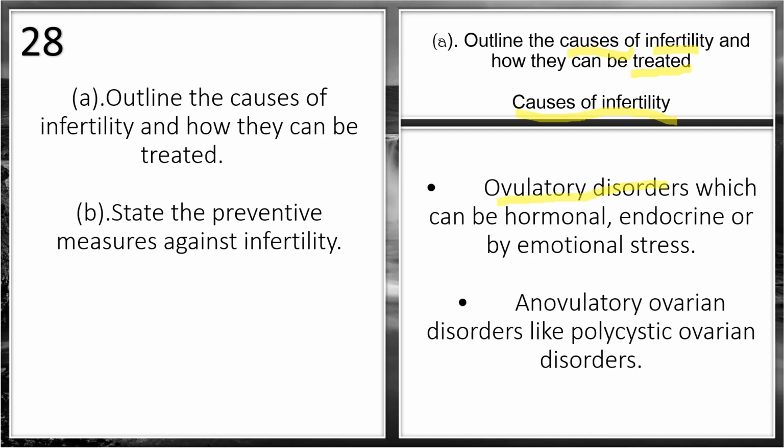Ovulatory disorders, which can be hormonal, endocrine, or emotional stress. Anovulatory ovarian disorders, like polycystic ovarian disorder.